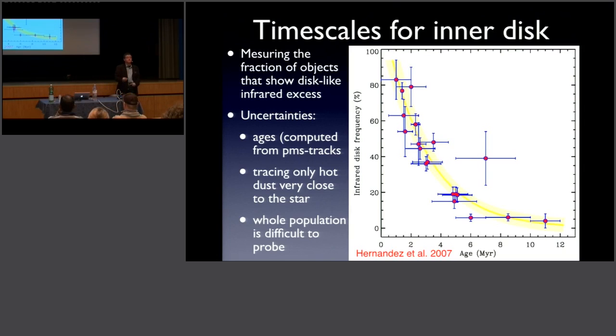An example is if you have a multiple system of stars forming, you can have a dynamical interaction that throws away one of these stars, for example, and may throw it out with a very tiny disk that dissipates very quickly or without a disk. Or if you have a binary system, in this case, disk evolution might be faster than in single stars.